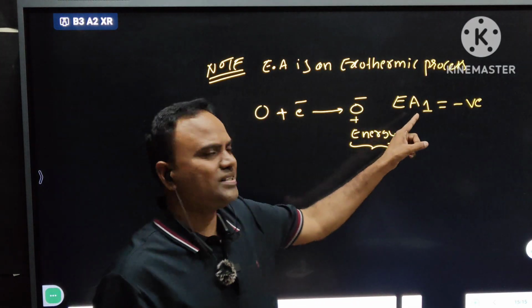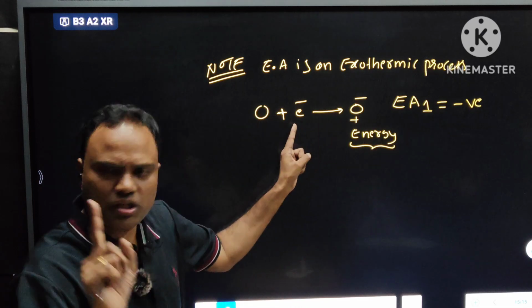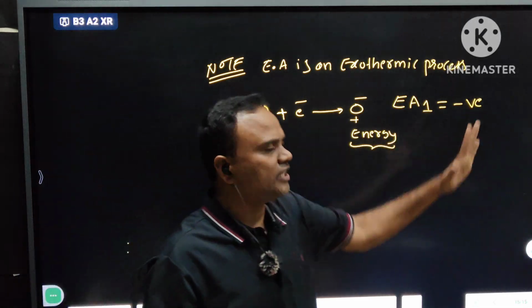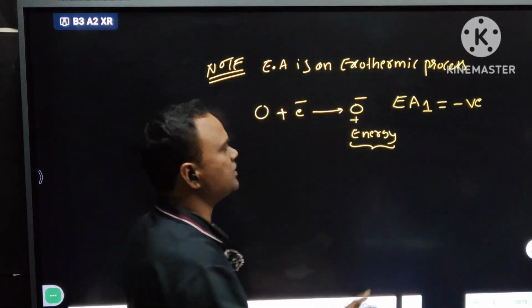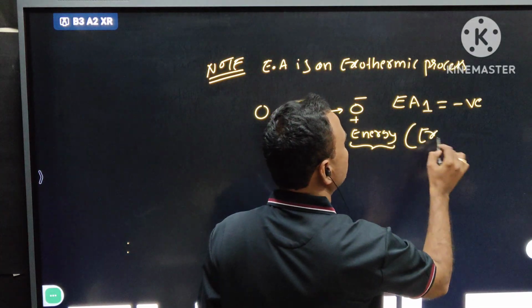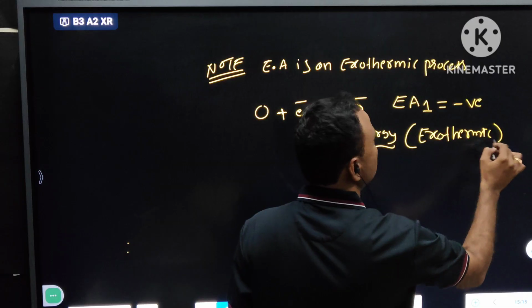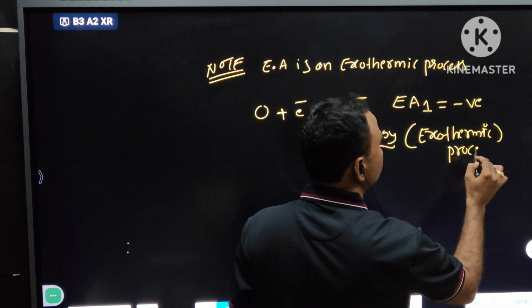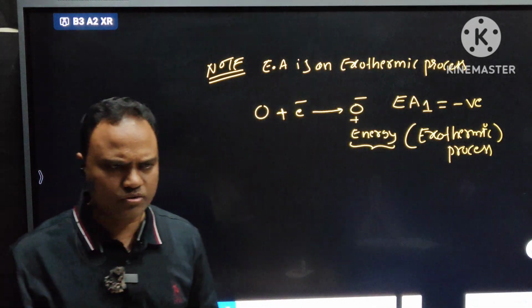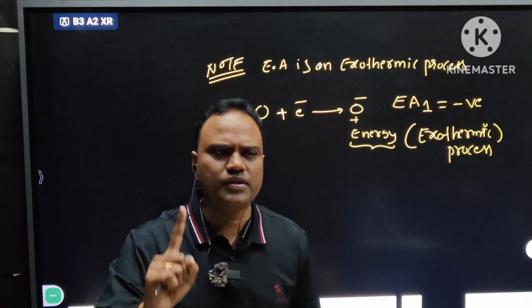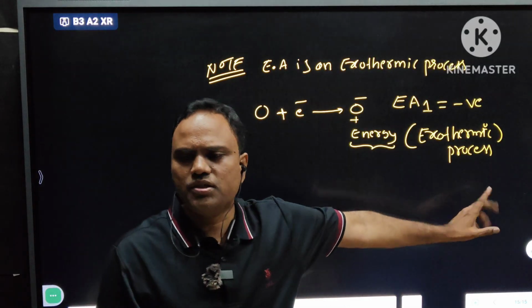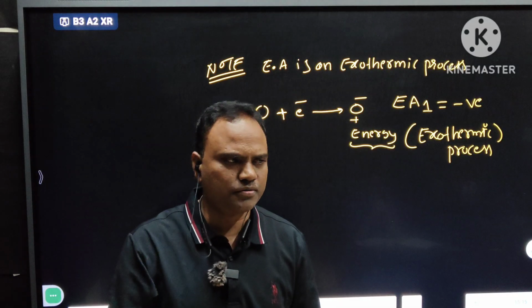I represented it as EA1 because I added only one electron. So electron affinity 1 is negative, and which process is this? Very, very important. Exothermic process, energy is releasing, no doubt. The first electron affinity is an exothermic process, right?